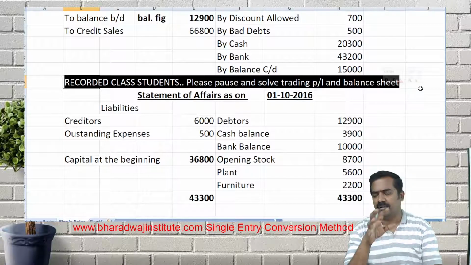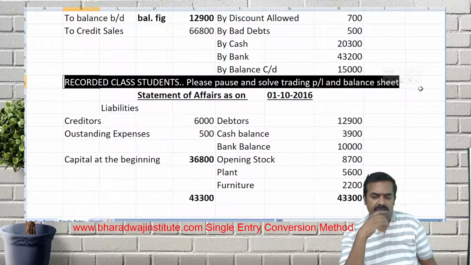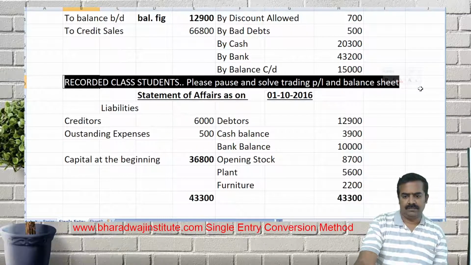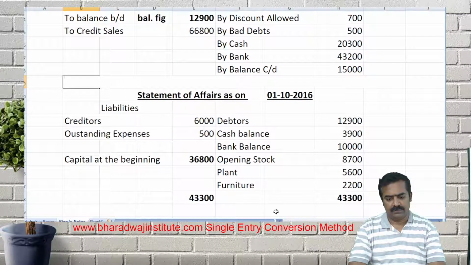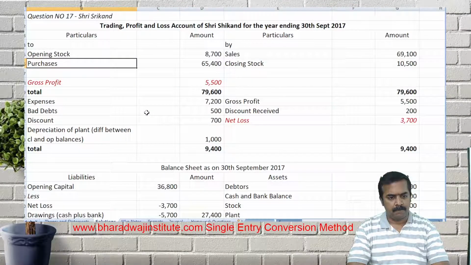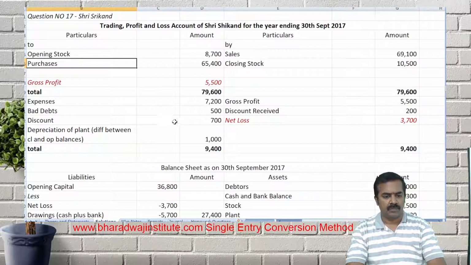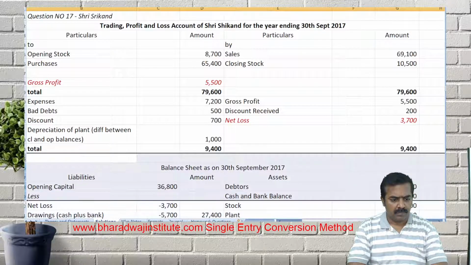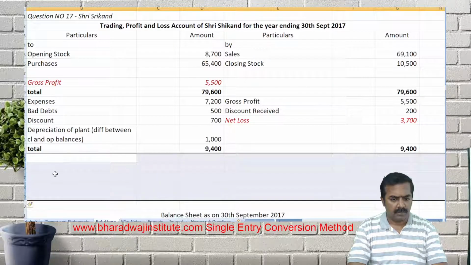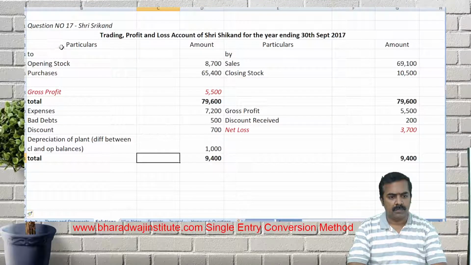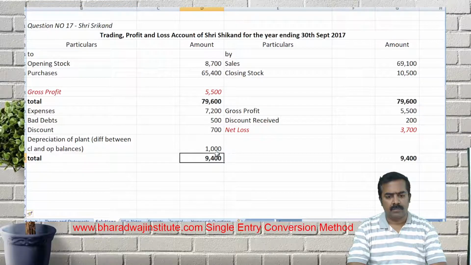You can try. Don't wait. You can try to do it. For total purchases, we have to add credit purchases and cash purchases.